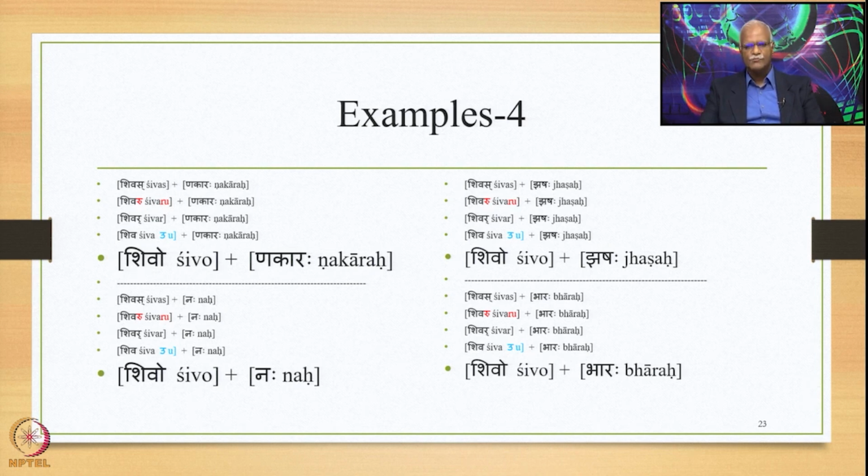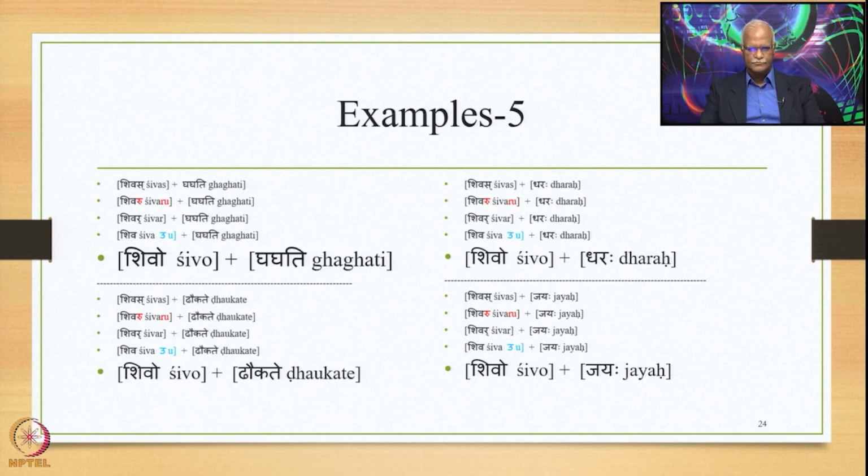And finally, Shivo Bharaha is the output that is generated from Shivas plus Bharaha. Then we have Shivas plus Ghagati as the input, and the derivation process happens, and we get Shivo Ghagati which consists of the guna between a and u.